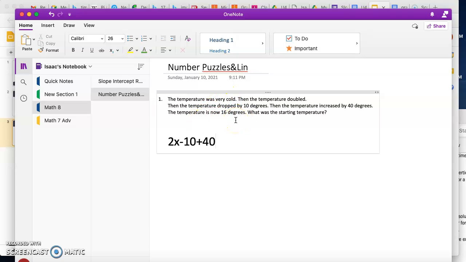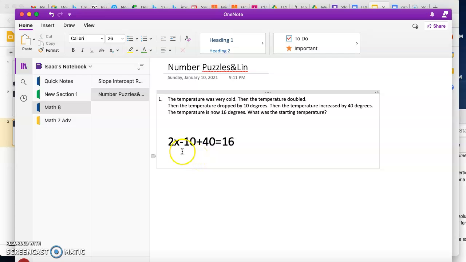Oh, well, then after it's doubled and lost 10 and then added 40, it's going to be 16 degrees. So now I've done this, I can combine like terms and apply PEMDAS and SADMPEP and figure out what exactly my starting temperature was.